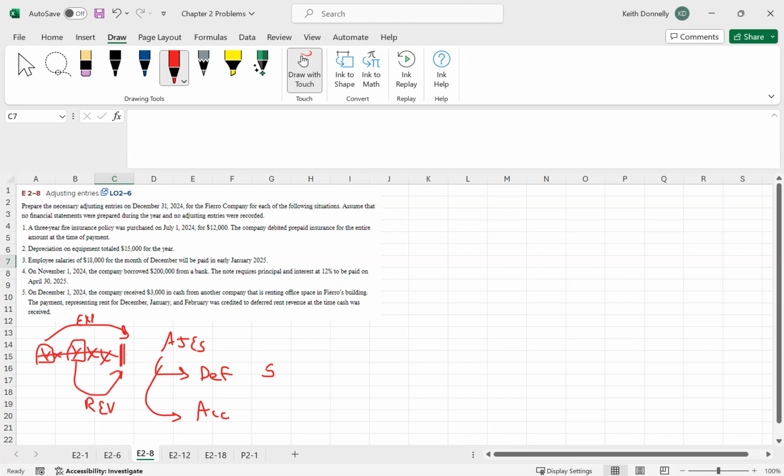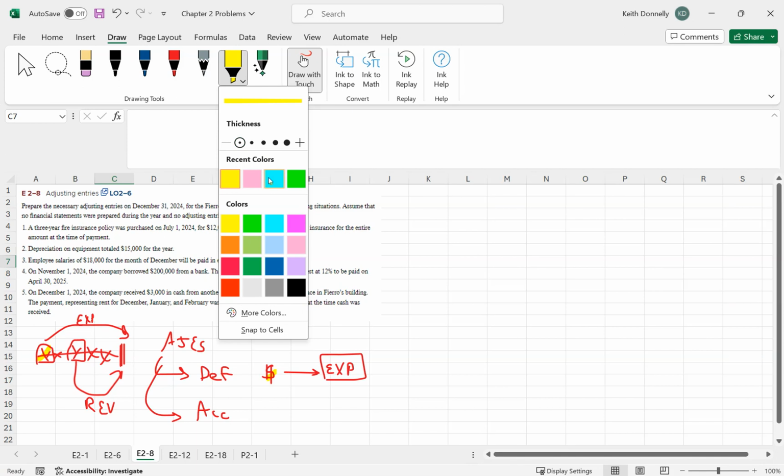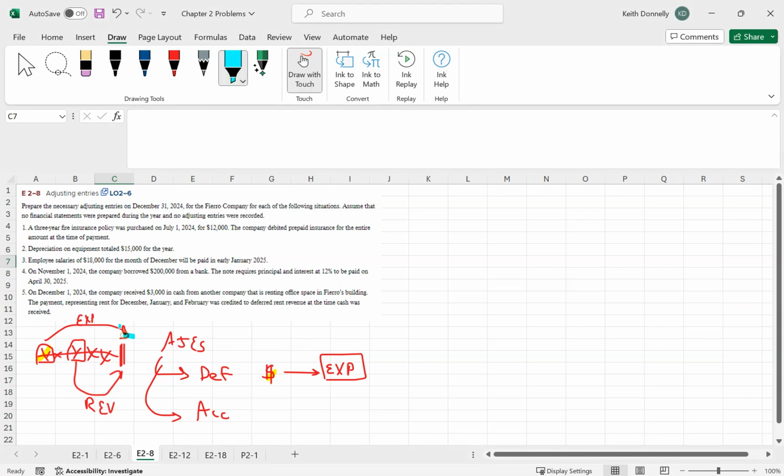So maybe you get or pay the money first, and then you take the expense later. So we bought prepaid insurance. Here we are at the end of the period, we take the expense for it. So it would be like this guy right here was the cash, and then here we are at the end of the period, we've got to make our AJE for that expense.